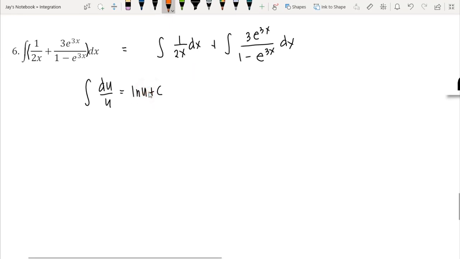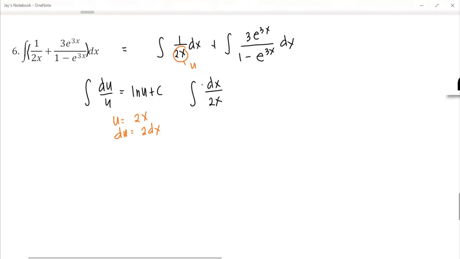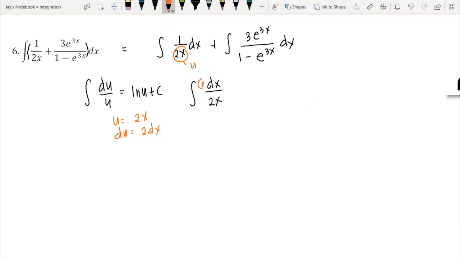In this case, our u is 2x, okay? That is our u. Therefore, our du is the derivative of 2x, it is 2 dx, correct? But in the numerator, we only have dx. So we can move dx in the numerator. We can rewrite our function as dx over 2x. Now, we are lacking 2 in the numerator, so we introduce 2 and 1 over 2 outside of the integration.